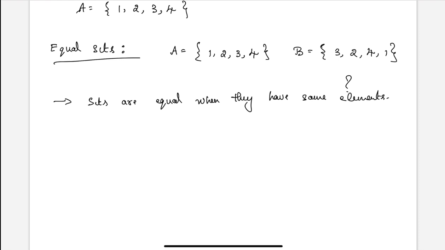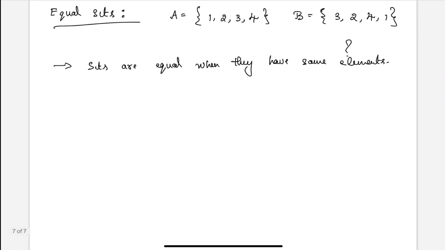One more concept is, how do we denote the number of elements in a set? Already we have seen two types of sets, finite sets and infinite sets. Of course, the empty set comes under finite sets itself.